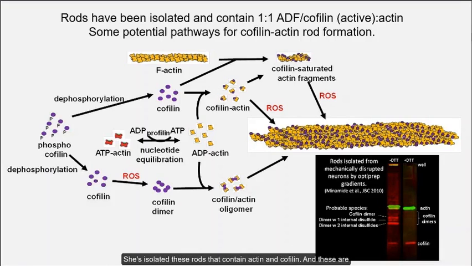They contain actin and cofilin, and these are cofilin dimers, because cross-linking of cofilin by oxidative stress seems to be essential in rod formation. So reactive oxygen production will induce rods. We don't know the exact pathway of rods. You could get cofilin oxidized, forming dimers, and then binding to actin and coming together.